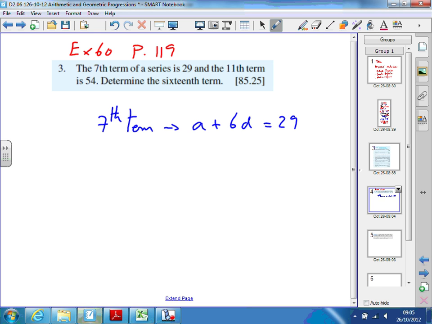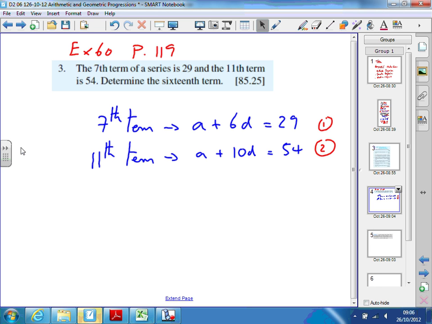We also know that the 11th term is a plus 10d, and that equals 54. So we've got two equations, 1 and 2. We've got to find A and D, and then once we've got A and D, we can find the 16th term, which is the question.